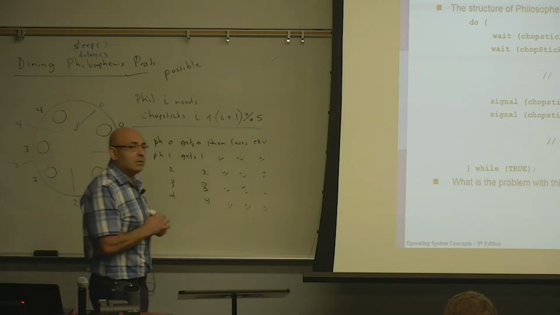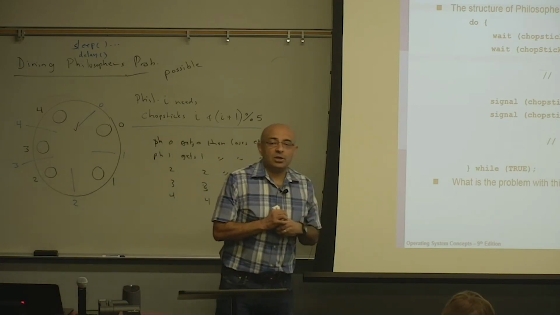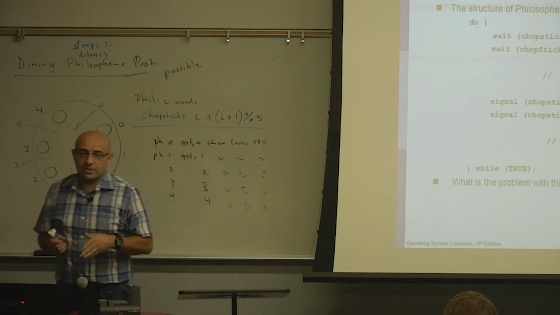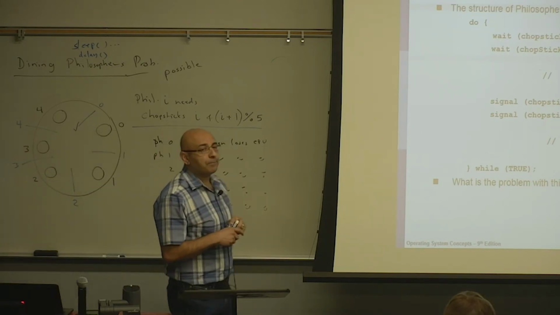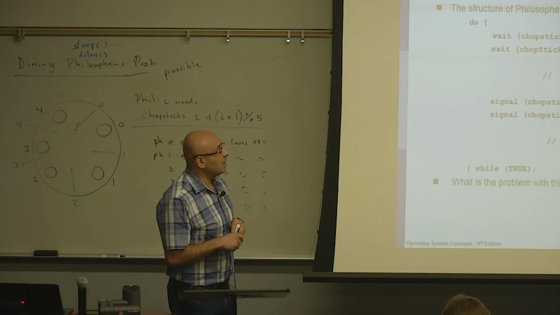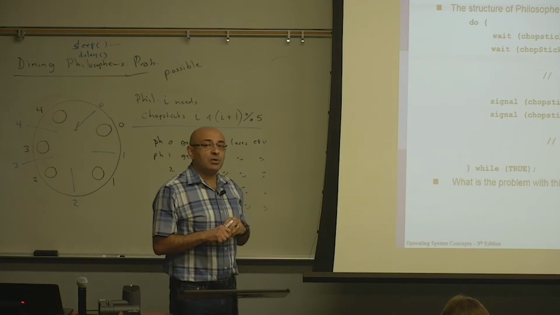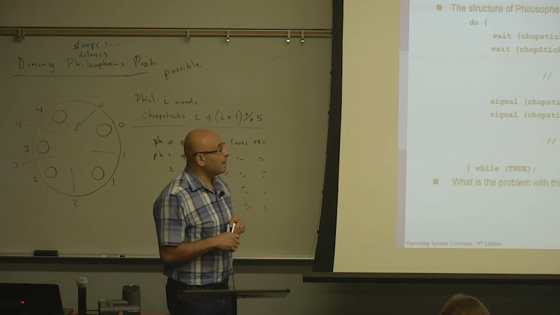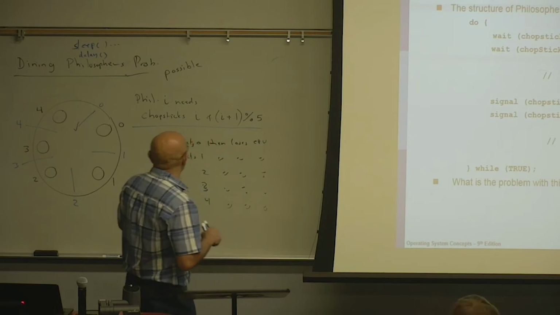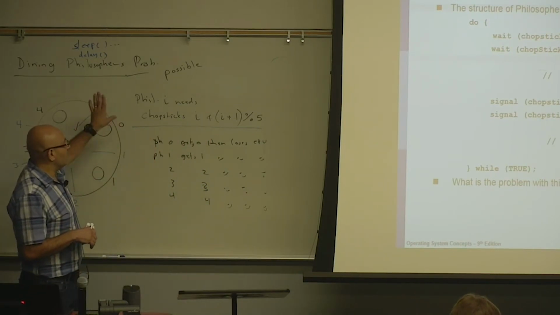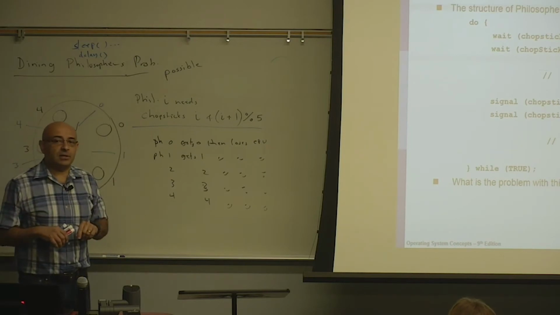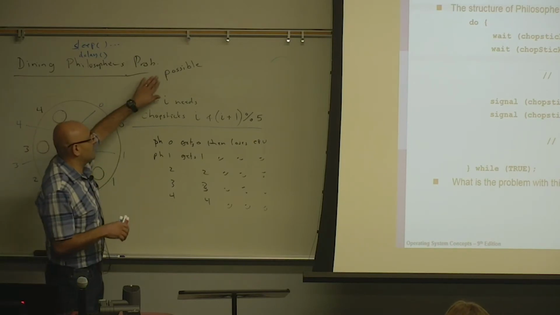When we design a solution, usually we want a solution that is guaranteed to work correctly. So we don't rely on chance. If a bad thing is possible, we just consider this an incorrect solution, or a solution that will have a deadlock.